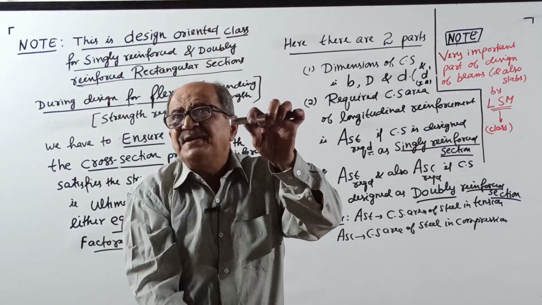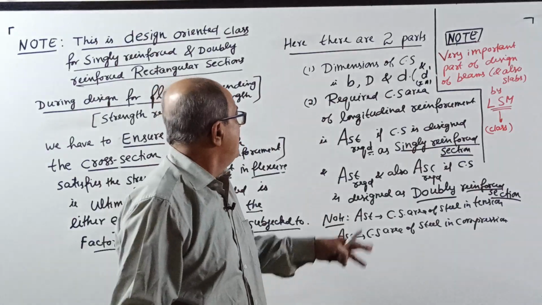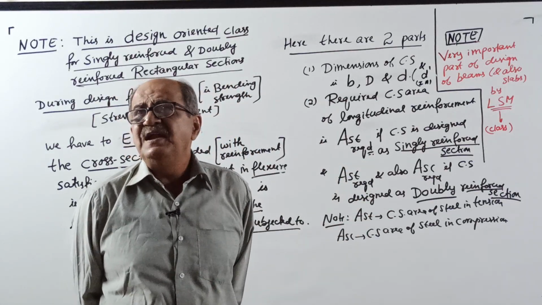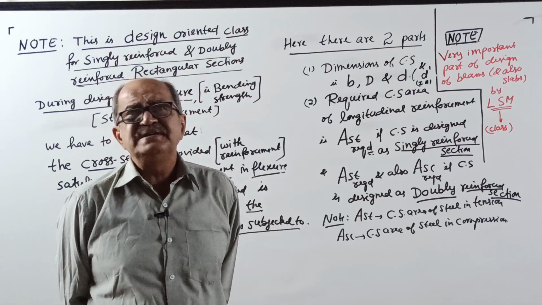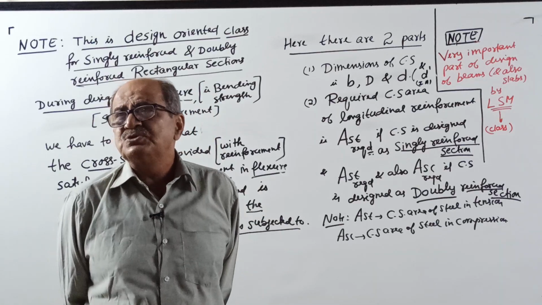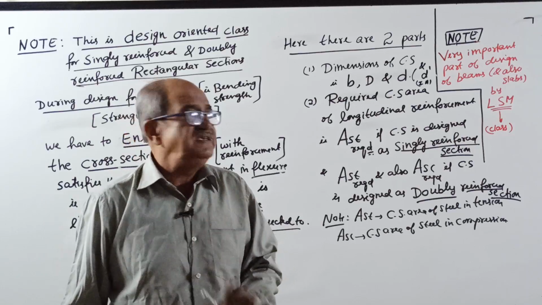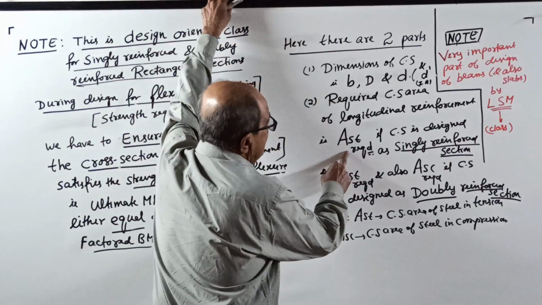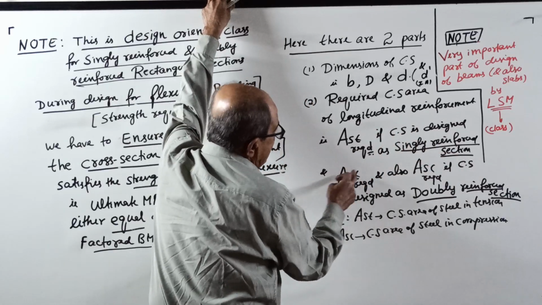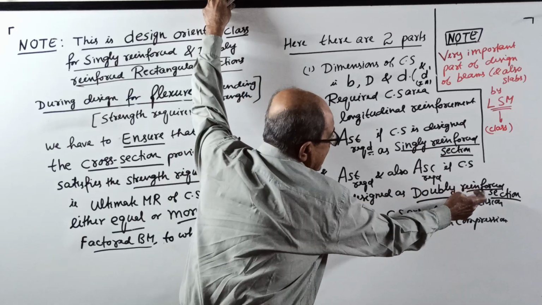When you take the cross section, you can see the cross sectional area. So longitudinal reinforcement, if it is a singly reinforced section, is AST, area of steel in tension. If it is doubly reinforced, then longitudinal reinforcement means AST and ASC. I wrote here AST if the cross section is designed as a singly reinforced section, and AST and also ASC if designed as a doubly reinforced section.